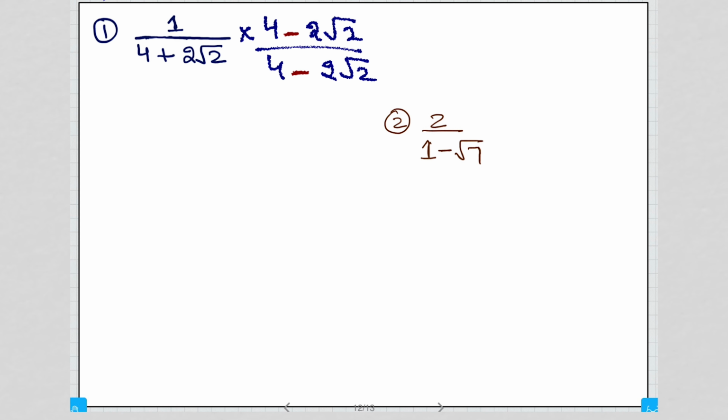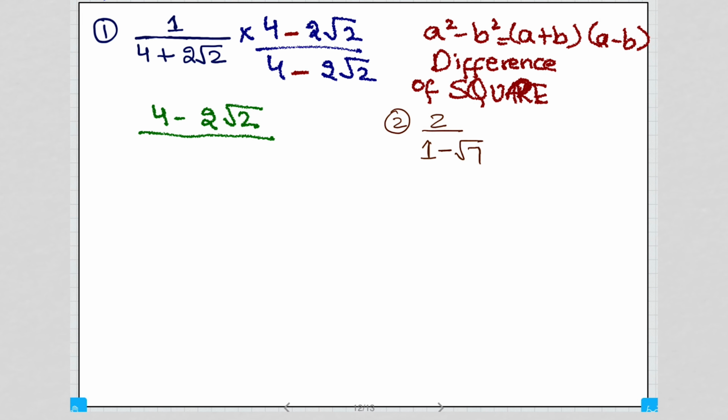After that, you need to times numerator with the numerator and denominator with the denominator. 1 times 4 minus 2 root 2 would be 4 minus 2 root 2. For the denominator, if you remember, difference of squares means you have two numbers in a plus b and a minus b form.